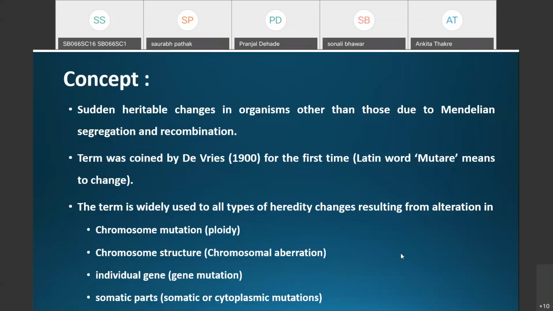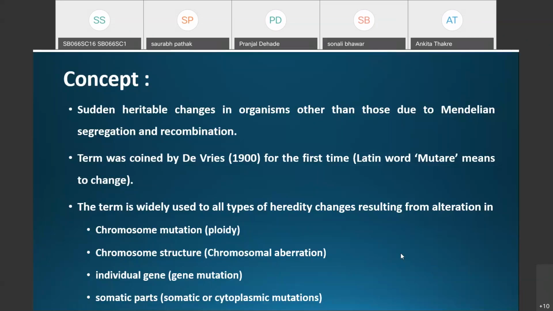Alteration in chromosome number is referred to as ploidy. Alteration in chromosome structure is referred to as chromosomal aberrations. Alteration in an individual gene is referred to as gene mutation.